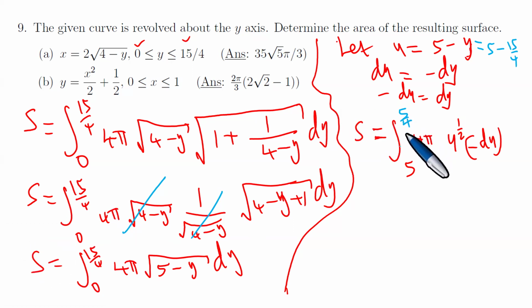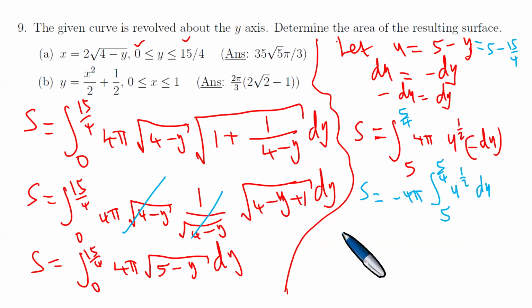Now, yeah, everything is okay. So we have the area of the surface. So you have the minus 4 pi that is going to come out of this. It's a common factor. Then we have the integral from 5 to 5 out of 4 of u to the power 1/2 du.